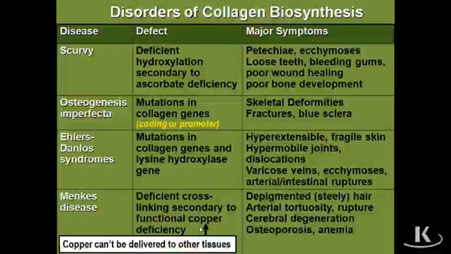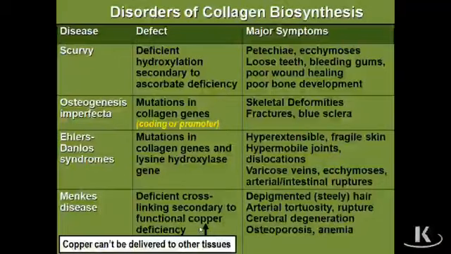Don't confuse Menkes disease with another highly tested copper disease. And what is that? It's Wilson's disease, okay? Wilson's disease is another copper problem, but the problem in Wilson's disease is in the liver. So the copper gets from the intestines to the liver, but it gets trapped in the liver.